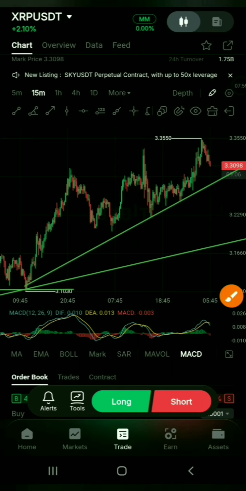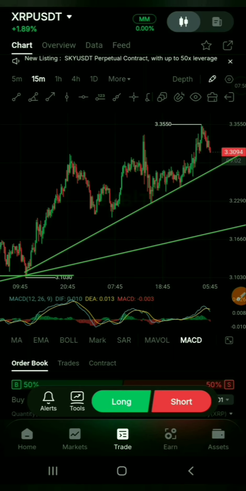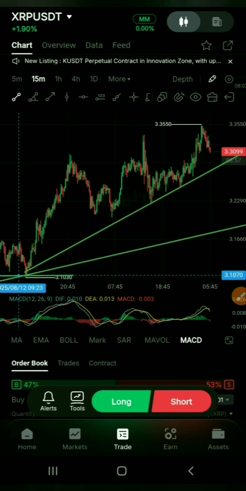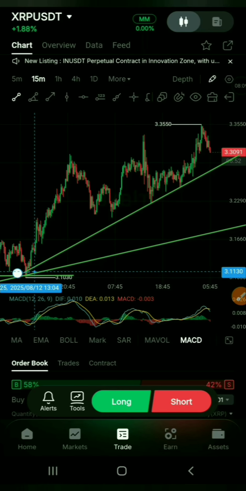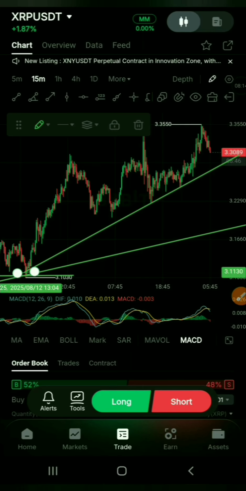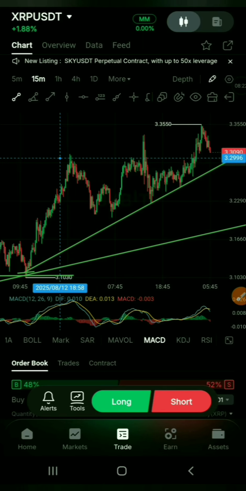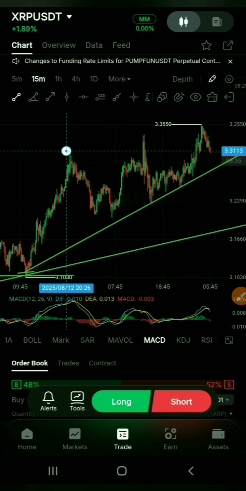Okay, now let's draw the higher highs and higher lows. So this is the first low from the steeper trend line. Okay, great. And this is the new higher high right here.